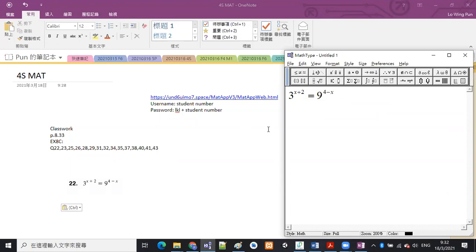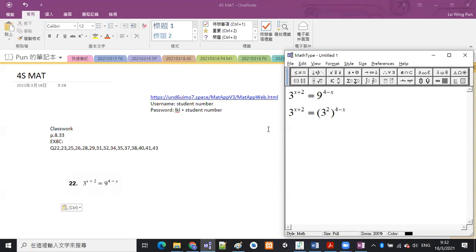Number 22. This is the type of exponential equation, so x is in the index, okay? We will try to change the base to be the same number, and then we may delete the base and just write down the indexes. So we have base 3 and base 9, and that is good because we can change the 9 to be 3 squared.